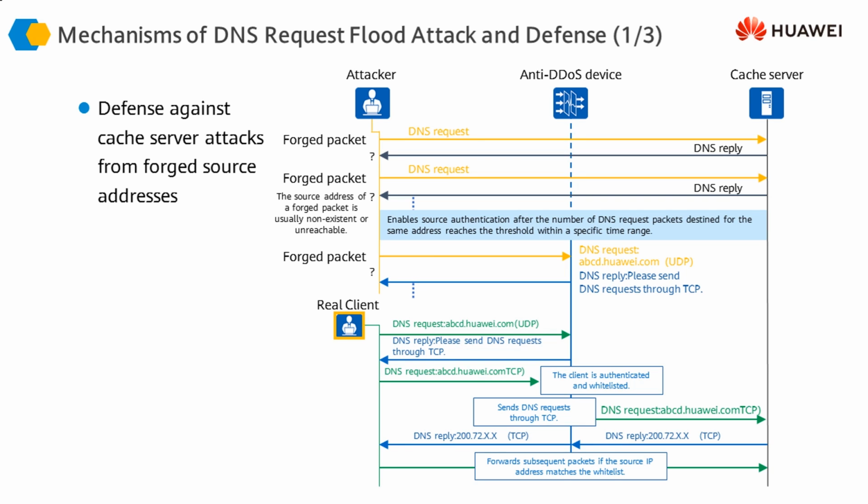However, if it's a real client, and the firewall requests the client to send a TCP based request, the client will send a TCP based request, and the firewall can forward that TCP request to the cache server. The cache server can respond to this request using TCP, because DNS can use both UDP as well as TCP as its underlying protocols.